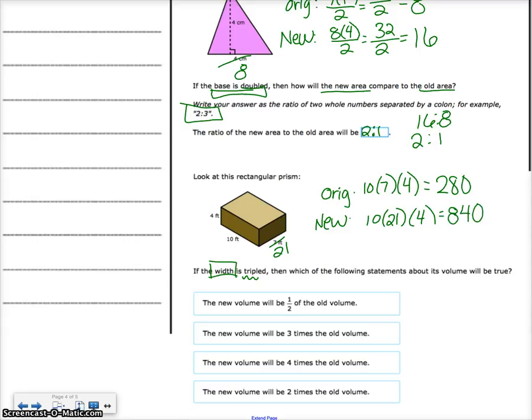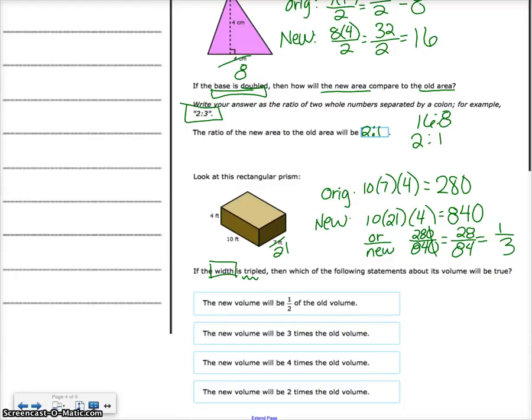And then I want to compare them. So I'm going to do original is to the new. 280 is to 840. See if I can simplify that. The zeros cancel out. 28 is to 84. And 28 does go into 84 3 times.